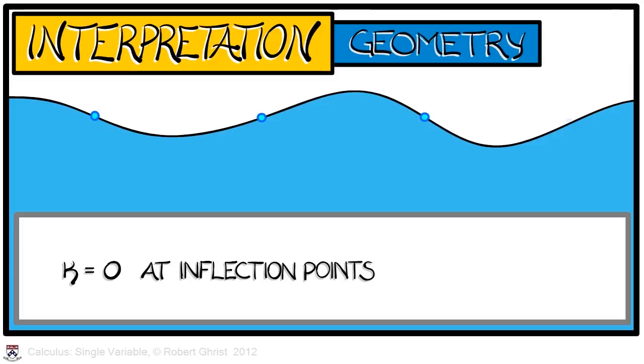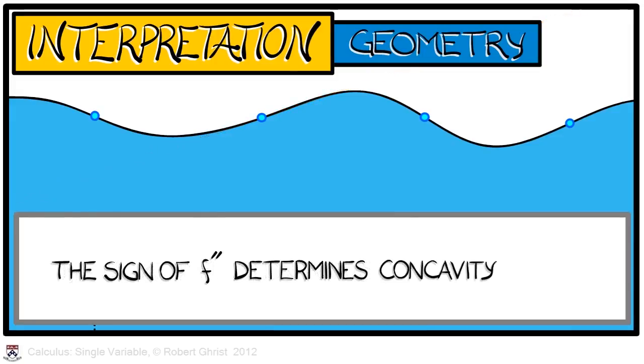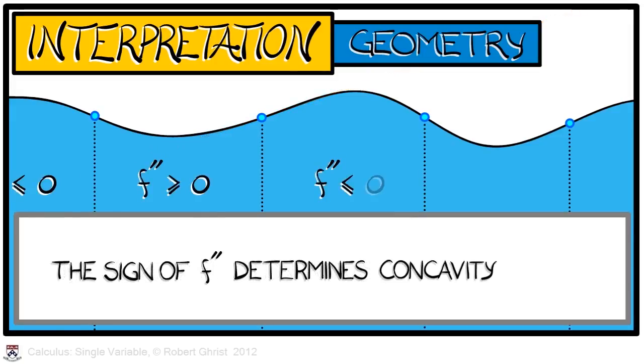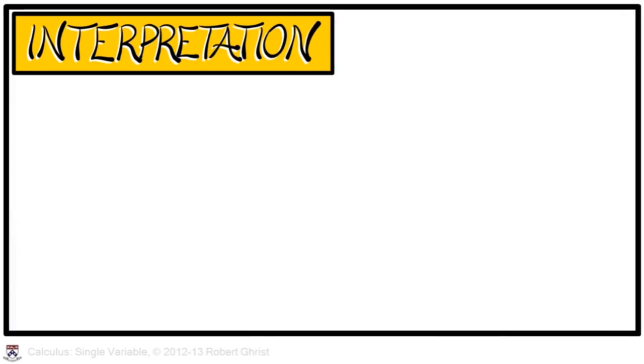There are some other things that come out of this formula, namely that the curvature is 0 at an inflection point. And, as you might have already guessed, the sign of this second derivative determines the concavity of the graph, whether it's concave up or concave down.